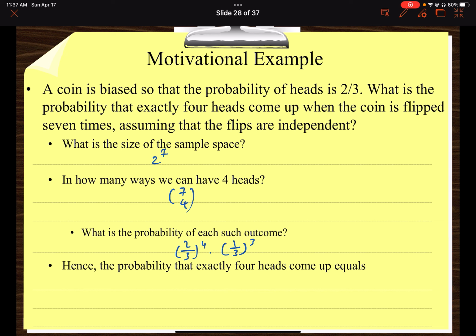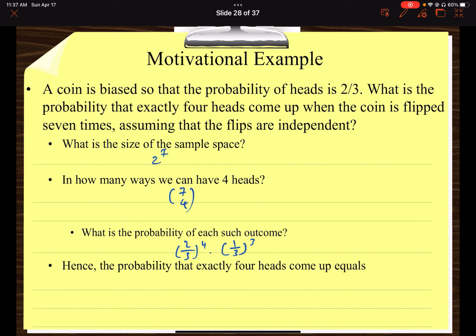Okay. Now, since the event of having 4 heads, how many outcomes have 4 heads? 7 choose 4.